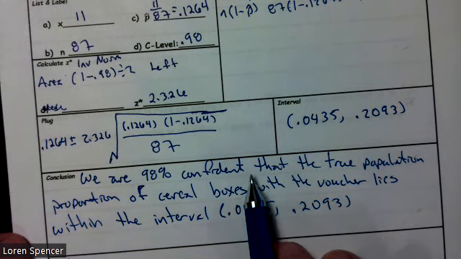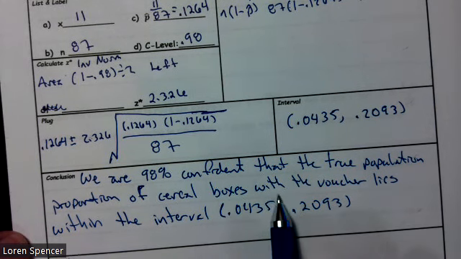So we're 98% confident the true population proportion of cereal boxes with the voucher lies within this interval.